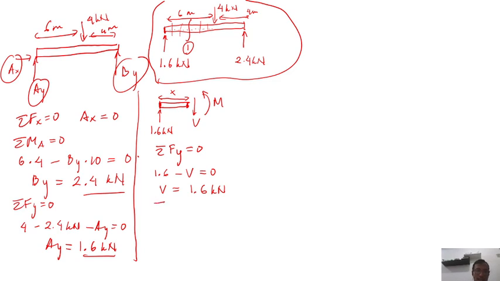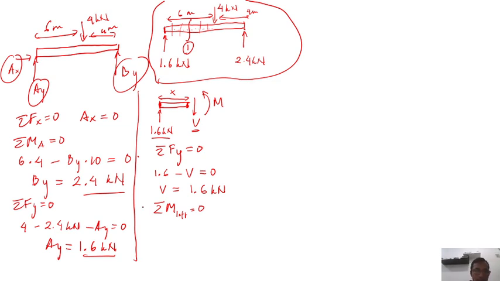Then I will continue with sigma moment at the left side, equal to 0. What will I get there? I have to ignore the 1.6 kilonewton on the left, but I can't ignore this one, phi, because I know already the phi is 1.6 kilonewton.